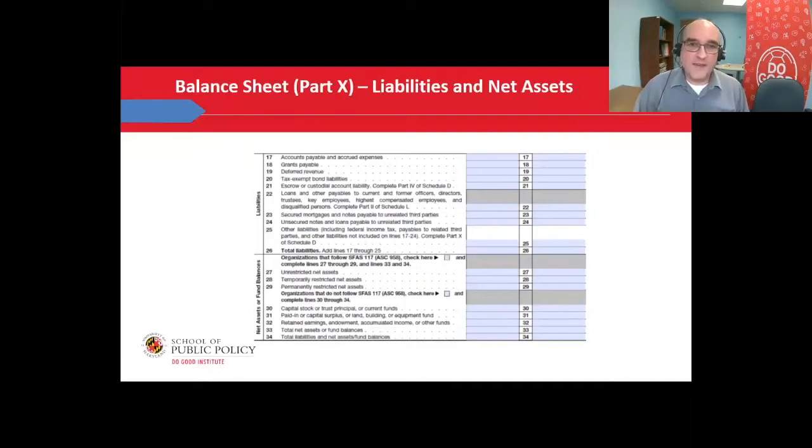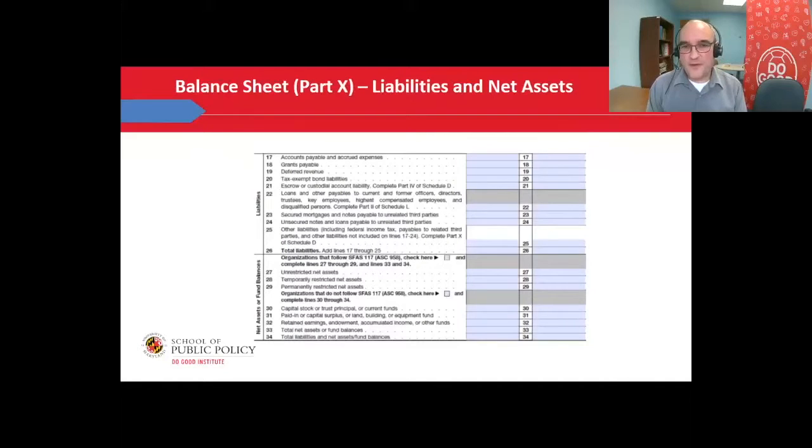So, okay, we've taken a look in Part 10 at the accounts listed under assets and the accounts listed under liabilities, both current and long-term. The most valuable and most informative part of a balance sheet for an organization is the entries listed under net assets, lines 27 through 34 in Form 990 here.